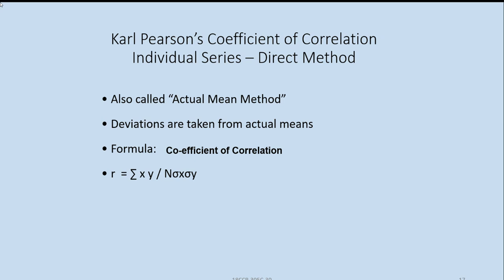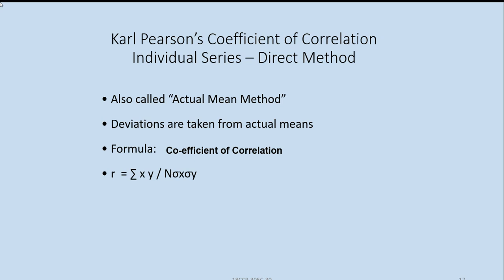You please remember, in correlation, we will have two series, X series and Y series. Till now, we have seen only one series, X. In correlation, we will see two series, X and Y, and we will compare these two series for positive or negative relationship.